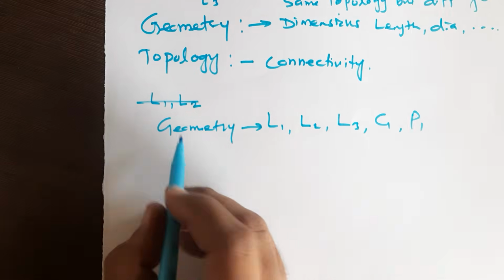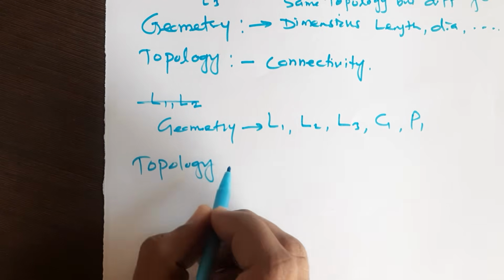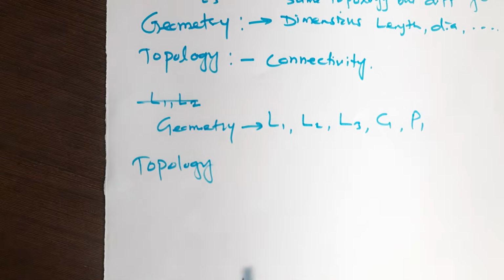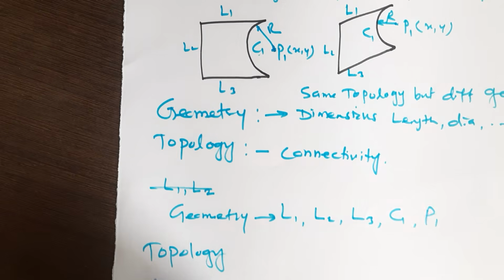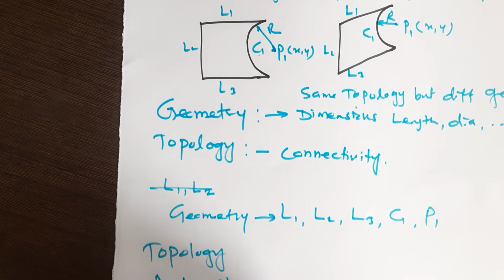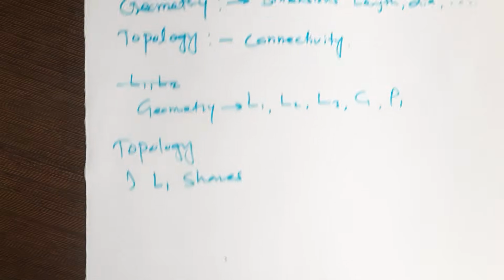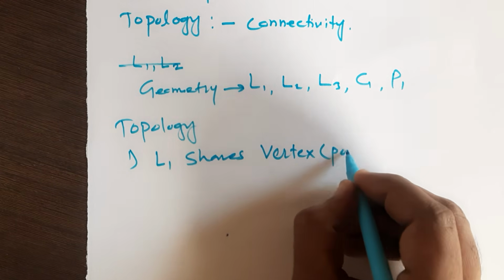Now if you see the topology, it means connectivity, how the connectivity is there. So in topology you can say that the first one, L1, shares a vertex, and vertex is nothing but the corner point.